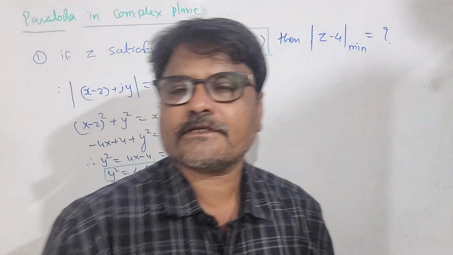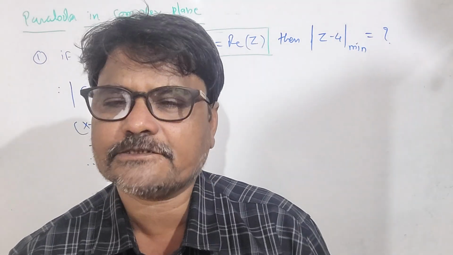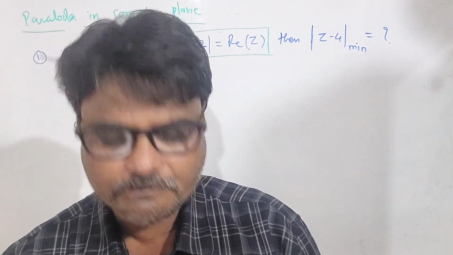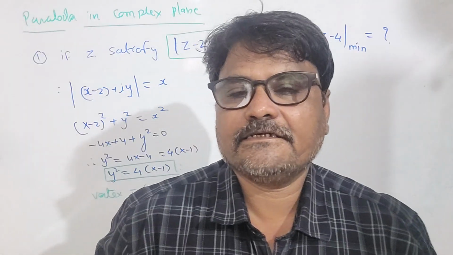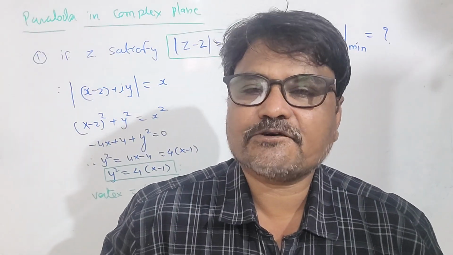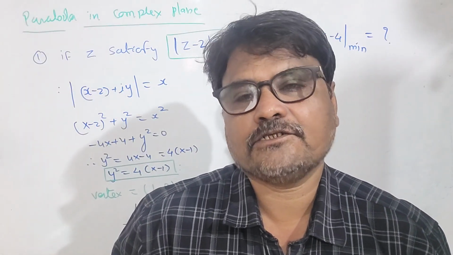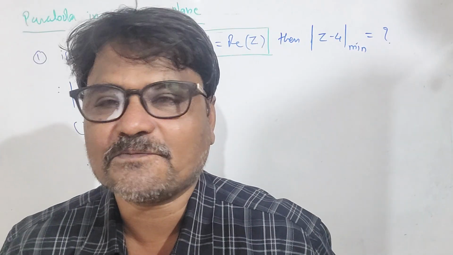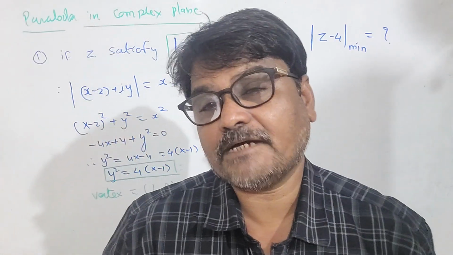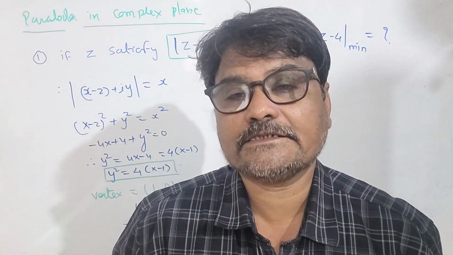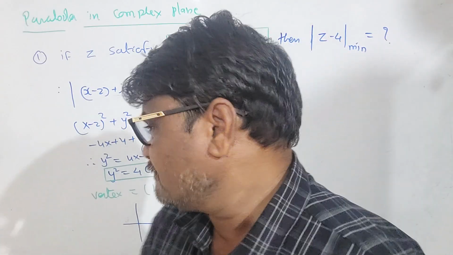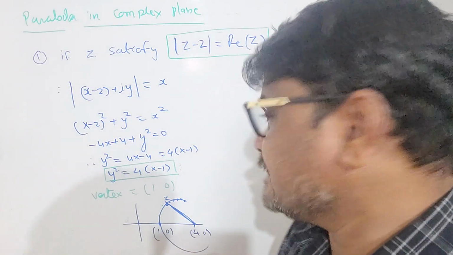We can find this minimum distance in two ways. We know that the shortest distance always occurs along the normal of the curve, so we have to determine the normal equation. But mind it, this is not a standard parabola y square equal to 4ax; rather it is y square equal to 4 times (x minus 1).